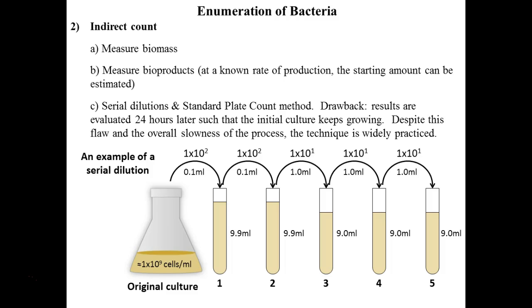Plate methods you couldn't do, especially with Mycobacterium leprae, because it won't grow in artificial culture. So you're limited in the number of ways you could figure out about how many were in a particular sample.